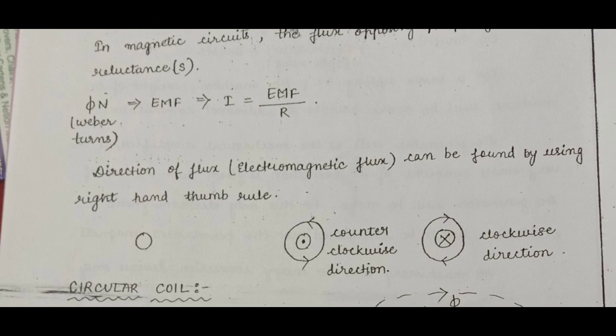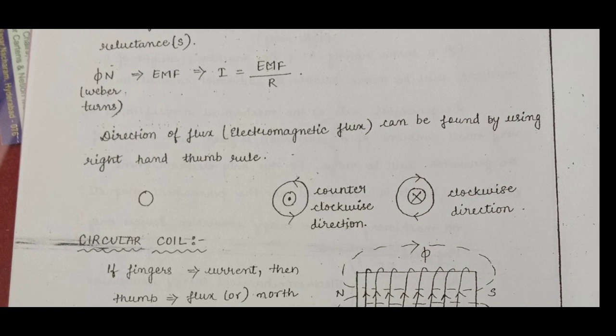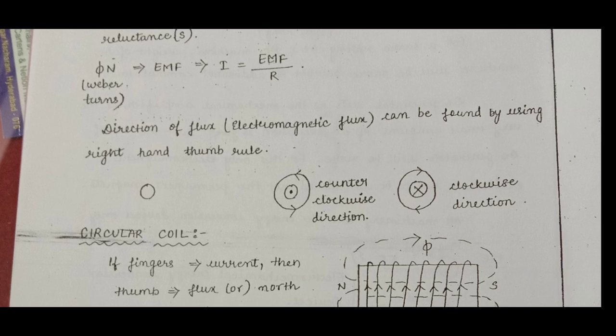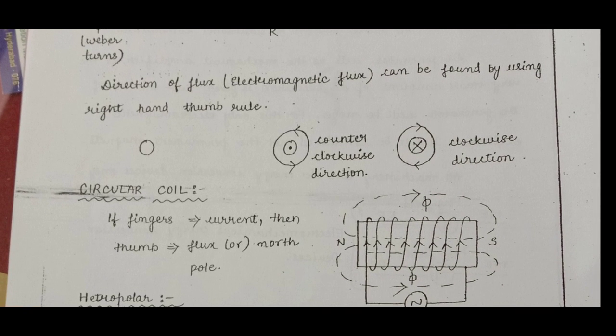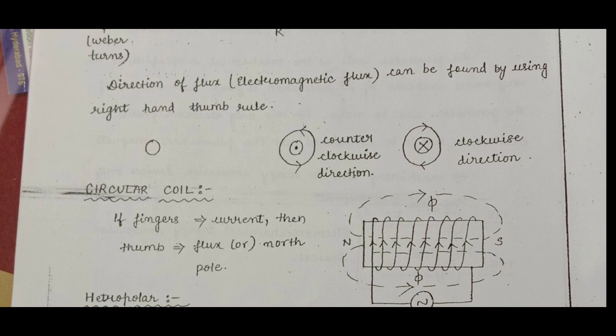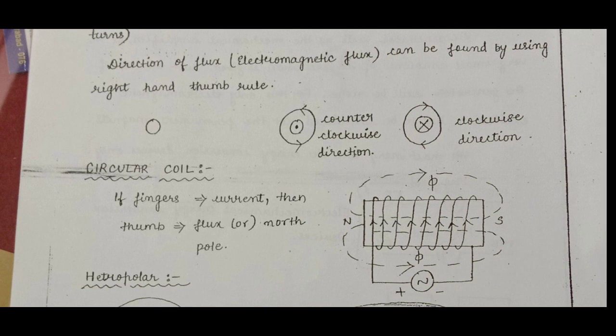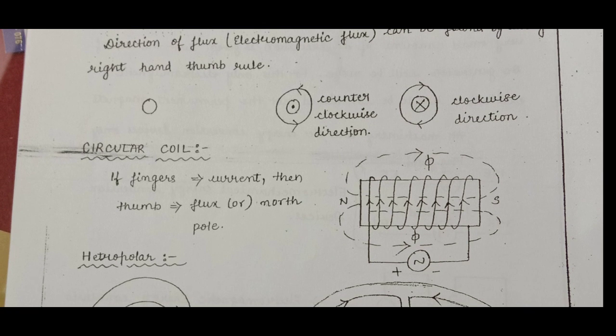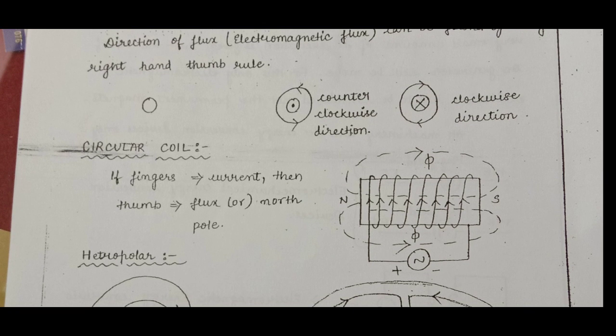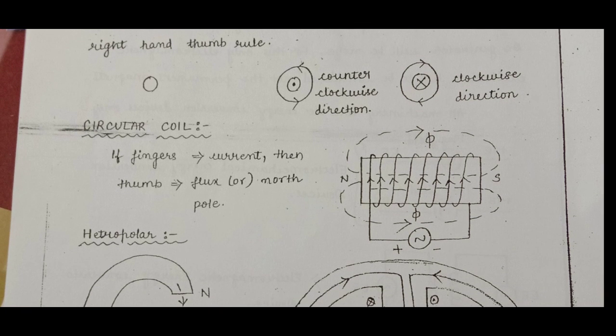The direction of flux can be found by using the right hand thumb rule. If the current is a dot, the direction is counterclockwise; if it is a cross, the direction is clockwise. For a circular coil, the fingers show the current direction and the thumb shows the flux or north pole.